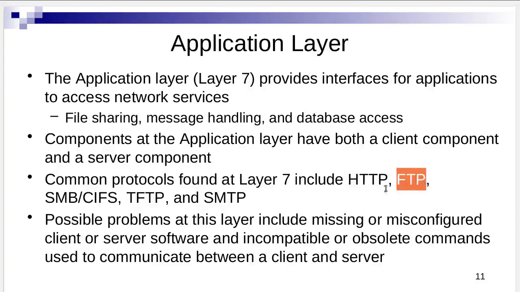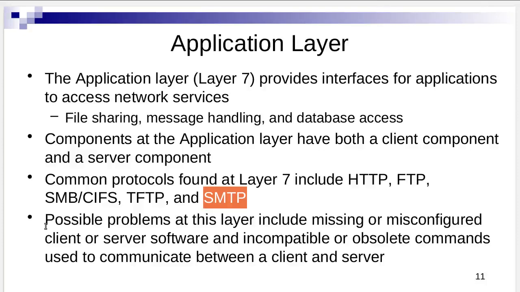FTP is file transfer protocol, SMB is server message block, I believe, and TFTP is trivial file transfer protocol. SMTP is for mail, simple mail transfer protocol. So there's a whole bunch of protocols. The most common ones are HTTP and FTP probably.